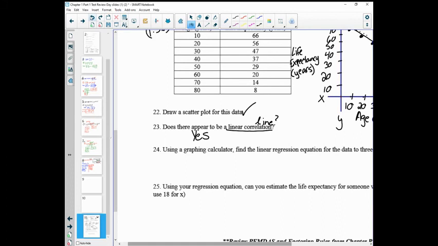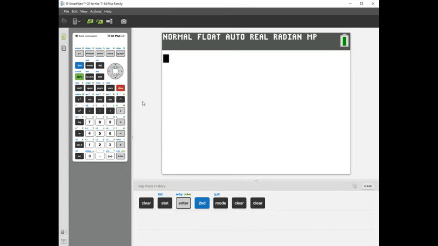On question 24, it says, using a graphing calculator, find the linear regression equation for the data to 3 decimal places. This is a quick review for you over how to find the linear regression equation in your calculator. First, clear out whatever's on the home screen there.